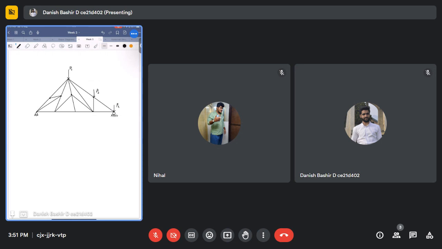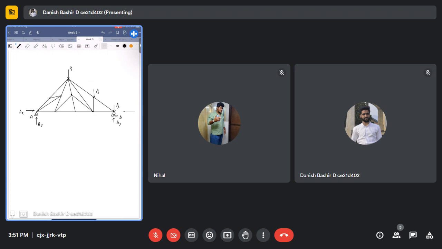So just check the reactions. Hope the notations are understandable. Since this is joint A and this is joint B, AX is the reaction along the X direction, AY is the reaction along the Y direction, and BY is the reaction along the Y direction.